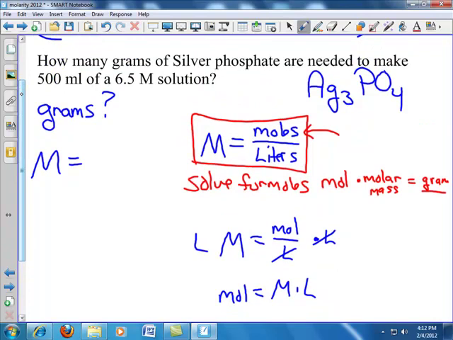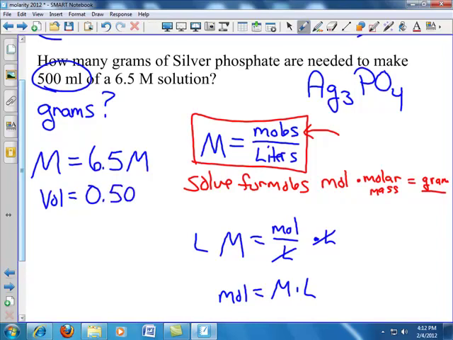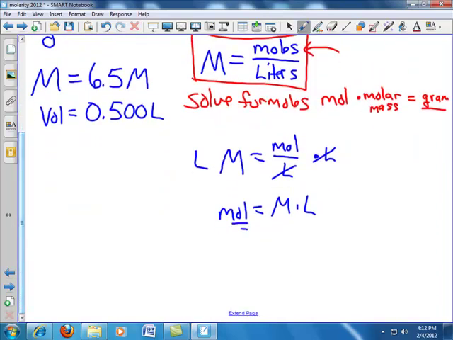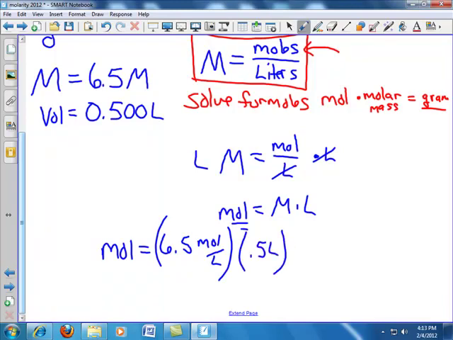It's 6.5 molar. Well, my volume in liters is right there. And that's 0.500 liters. So, if I want to find out what my moles are, I'm just going to take my 6.5 molar, which is really moles per liter, times 0.5 liters.